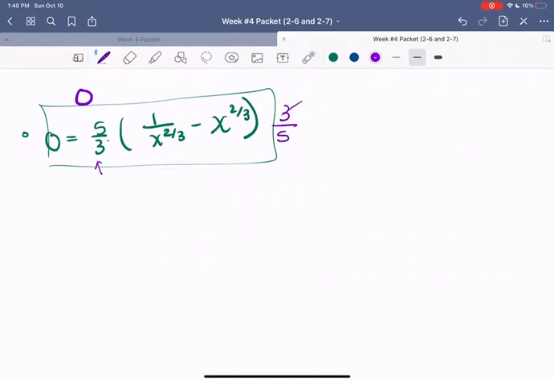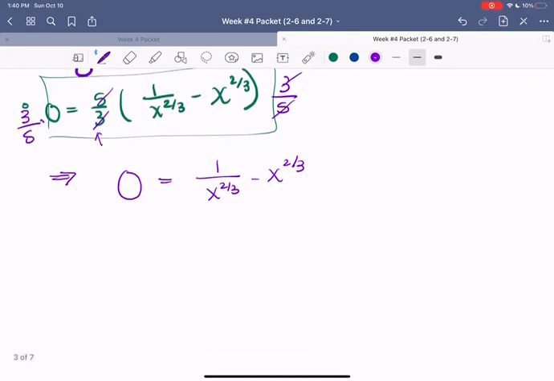Notice then the 3 in the numerators will cancel with the 3 in the denominator, and similar with the 5. So multiply both sides by 3 over 5. So we get 0 is equal to 1 over x to the 2/3 minus x to the 2/3. So now I have an x term in each of these terms in my difference. So I'll go ahead and add x to the 2/3 over.